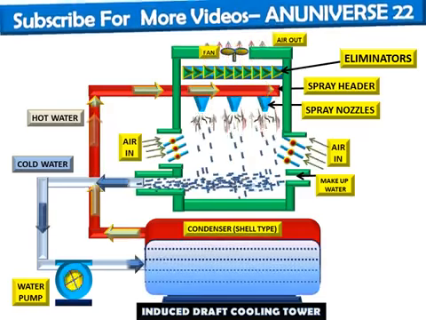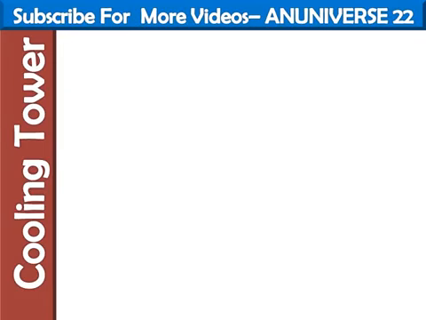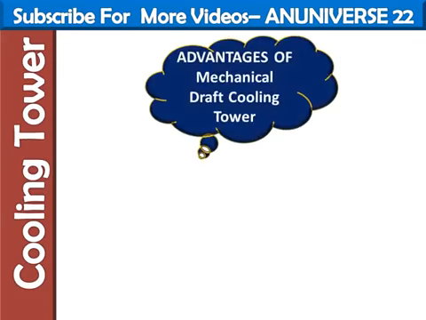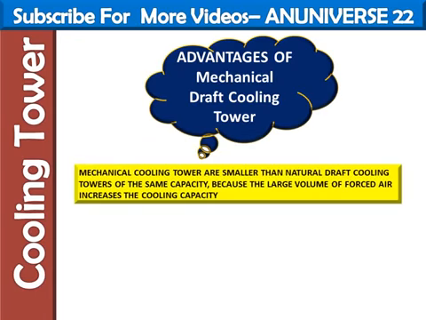And now we will discuss the advantages of the mechanical draft cooling tower. The first advantage is that mechanical draft cooling towers are smaller than natural draft cooling towers of the same capacity, because the large volume of forced air increases the cooling capacity.